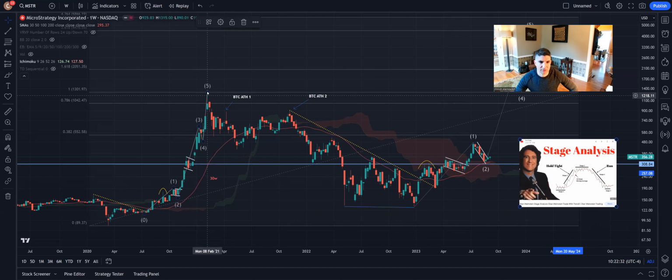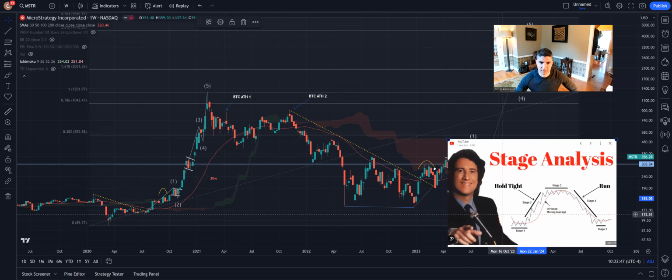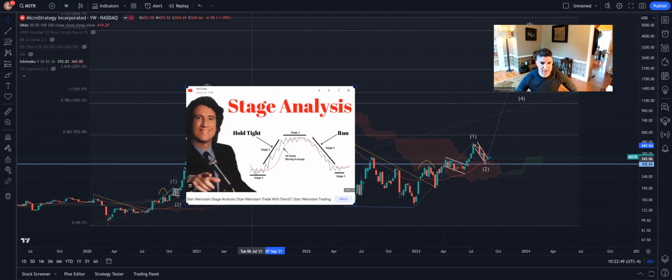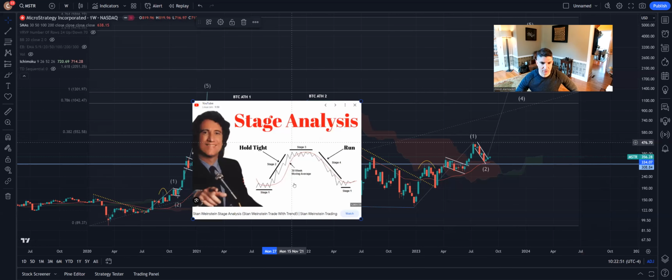MicroStrategy sniffed out Bitcoin's all-time high during this impulse, 8 weeks prior. It sniffed out that Bitcoin was in a corrective move when it didn't make its all-time high in November 2021. And so, going back to the principles of Stan Weinstein, from a high time frame, zooming out, where are you within the confines of the market?